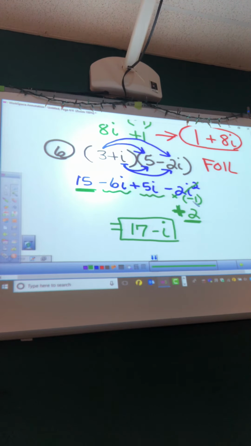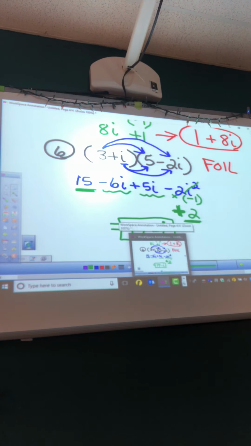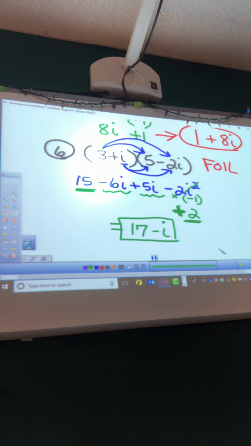We've learned that and used it. So negative 2 times negative 1 was positive 2. Positive 2 is real. 15 is real. They go together, become 17. Negative 6i, positive 5i go together and become a negative 1i. Real plus imaginary, in this case real minus imaginary. We get a complex number when we multiply.